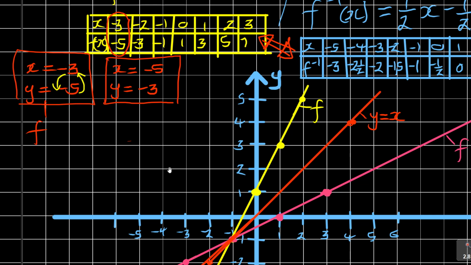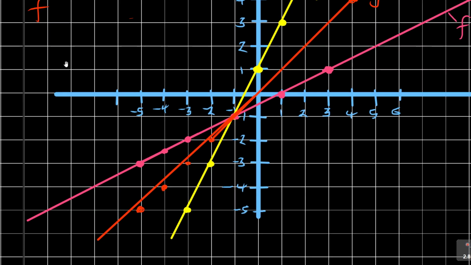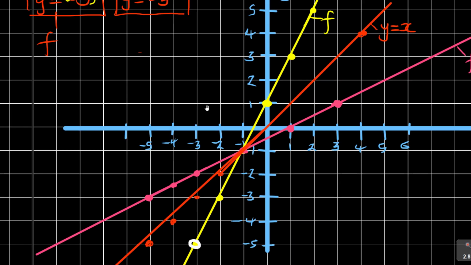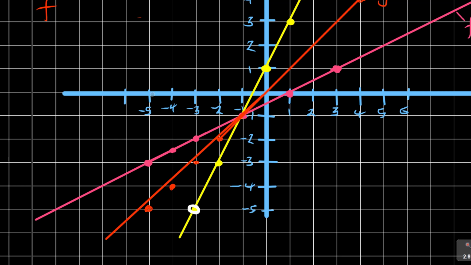Let's go to minus 3 and minus 5. Minus 3 and minus 5 is here. There is the point, in the yellow. But I said interchange and draw minus 5, minus 3. Minus 5, minus 3. Look at this.